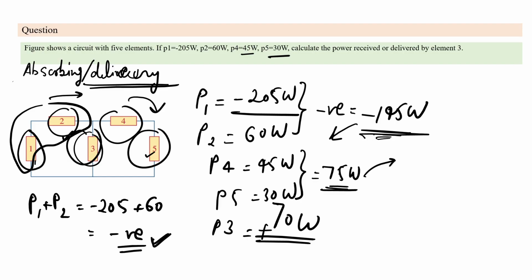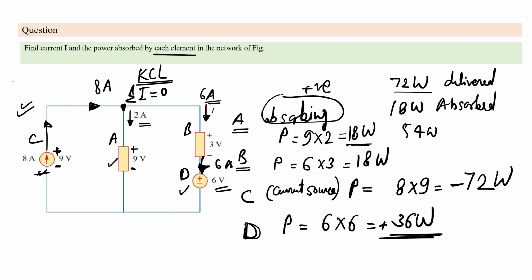That is equal to 145 watt minus 75 watt, which comes out to be 70 watt. So 70 watt is being delivered from element 3. Are you getting my point? There is a concept that if you consider negative as absorbing, then positive you have to consider as delivering. Okay, so moving ahead to the next problem.